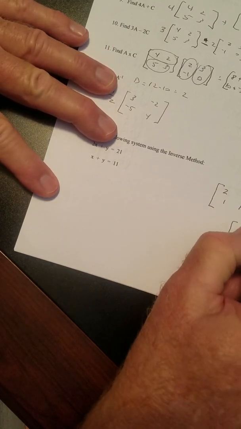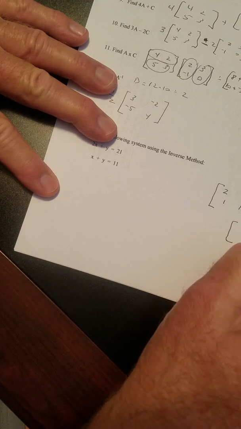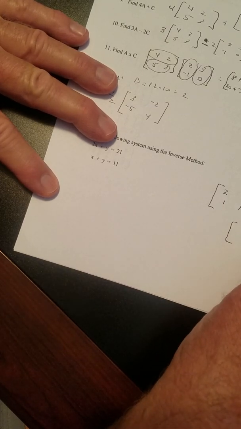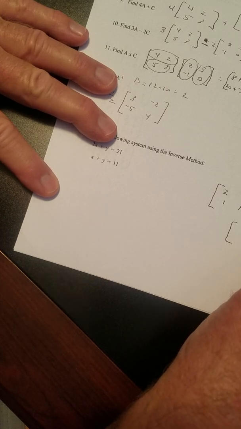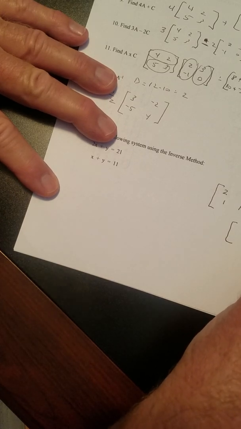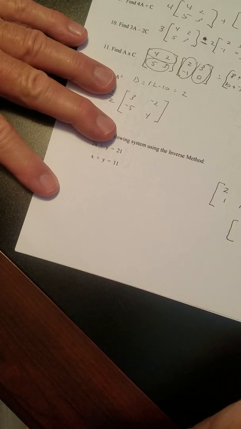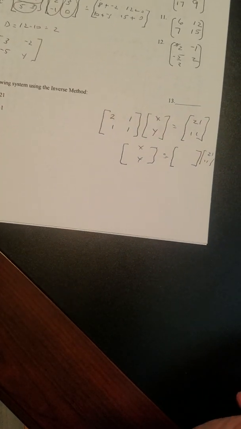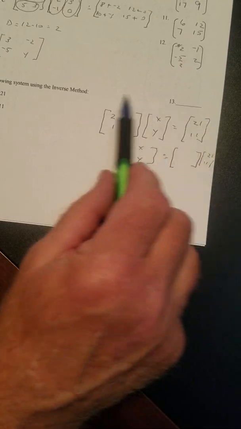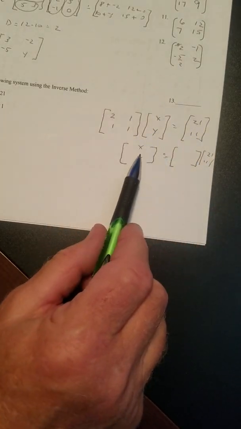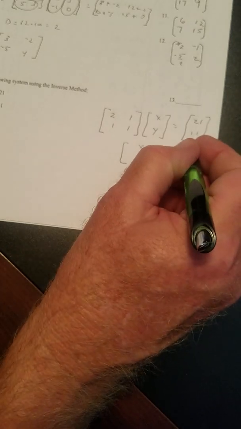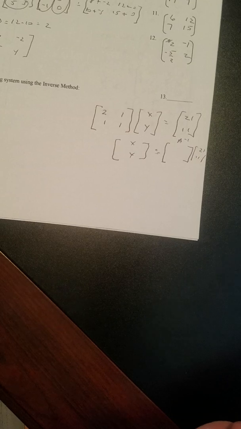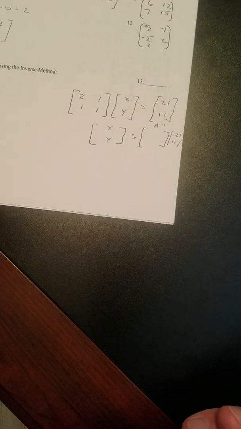So [x; y] will be equal to the inverse times [21; 11]. I'm out of room over there. So here's your matrix equation. If you want to find [x; y], you're going to find the inverse and put it on top of it, times that [21; 11] at the end.